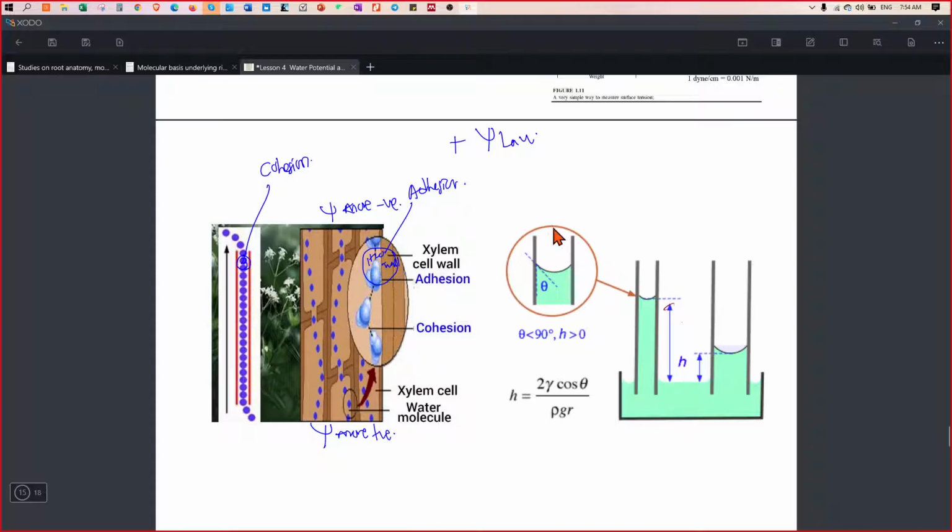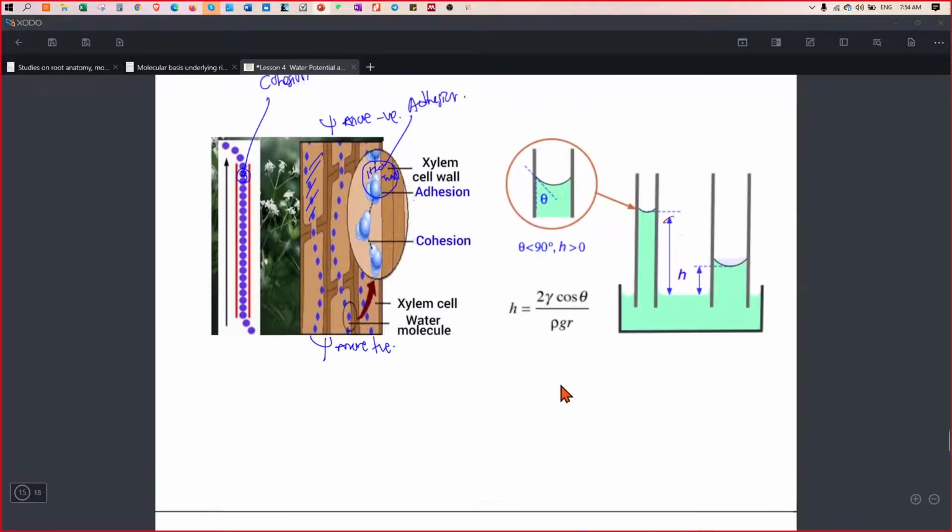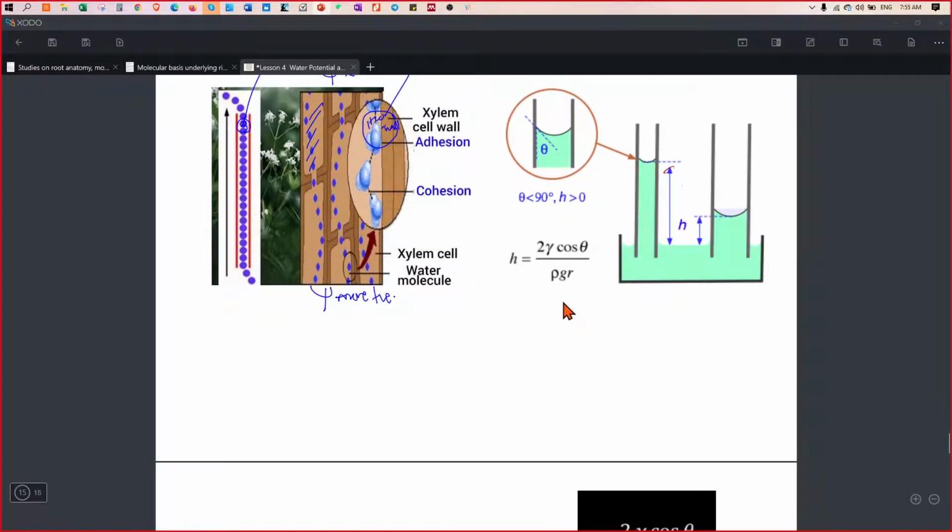So to know how high water can travel in the xylem, this is the xylem vessel, all of this is xylem vessel. There is a formula that you can use. I'm not going to go into detail how the formula is derived. I think at your level you just use the formula and plug in the values.